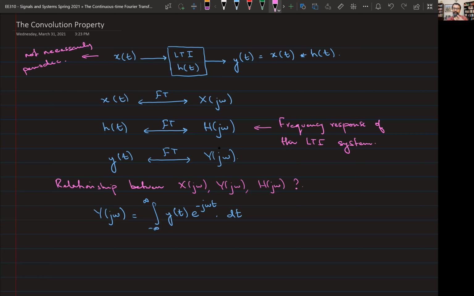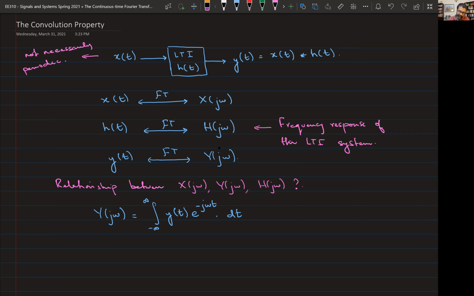So let's see how that is applicable to aperiodic signals. Right? So y of j omega is equal to the Fourier transform of y of t, right? What is y of t as a function of x of t and h of t? That's given by the convolution relationship, right?